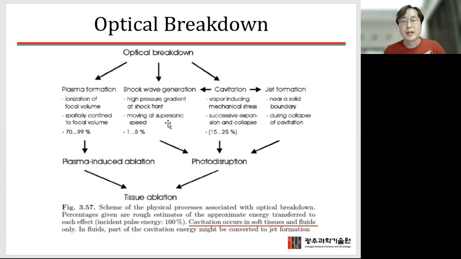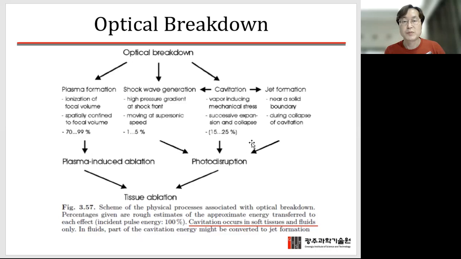When the optical breakdown happens in liquid or very soft tissue, then cavitation can happen. For the cavitation, the vapor is going to induce mechanical stress, and then successive expansion and collapse will happen during the cavitation process.